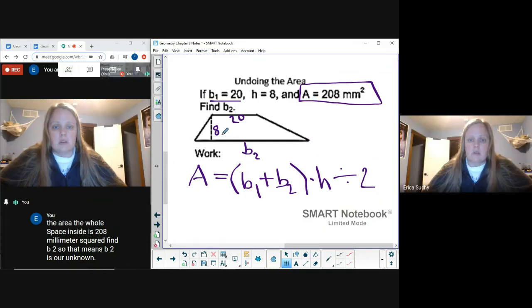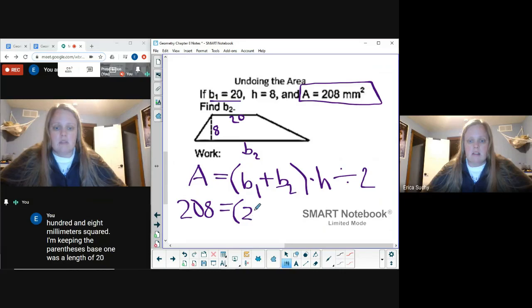So what we're going to do is plug in all these numbers into their respective values and then do a T-chart to solve. So the A would be the 208 millimeters squared. I'm keeping the parentheses. Base 1 was a length of 20.